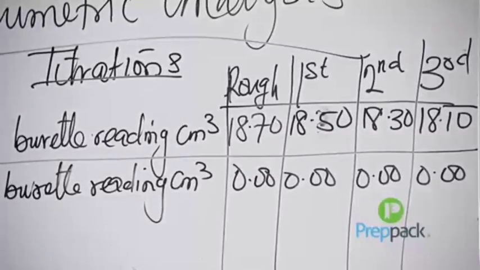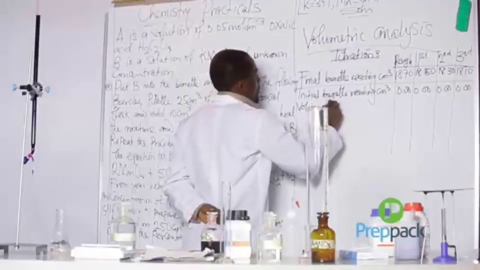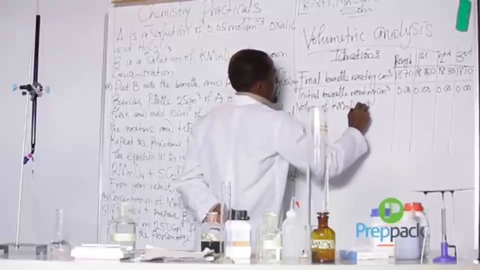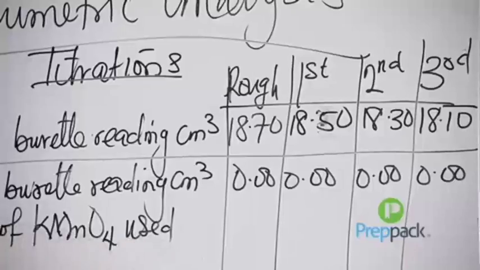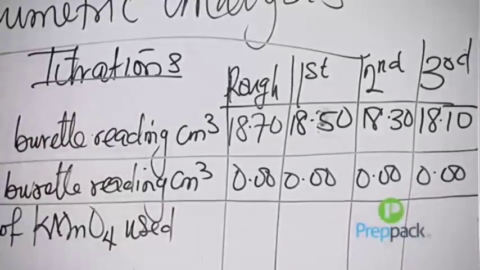So the volume of KMnO4 used, that is, the KMnO4 is in the burette.